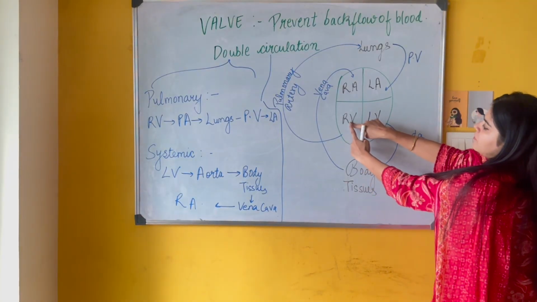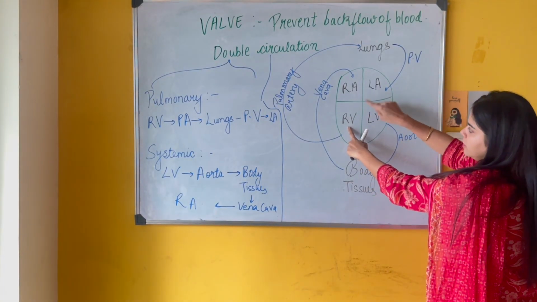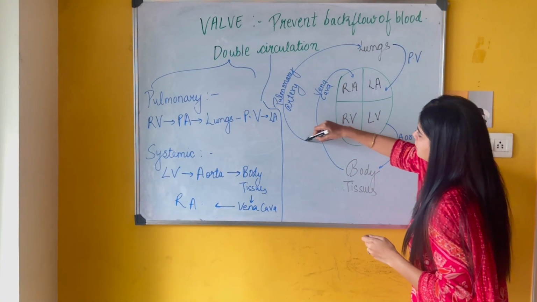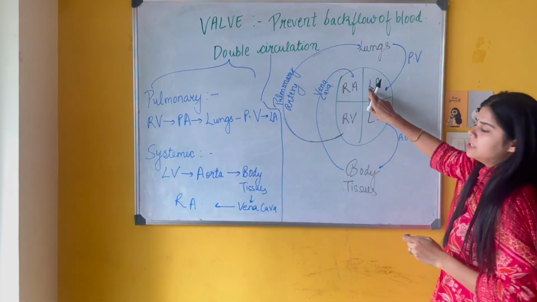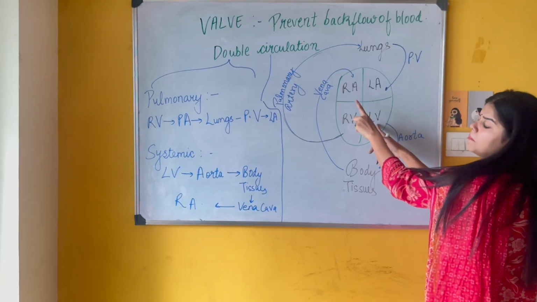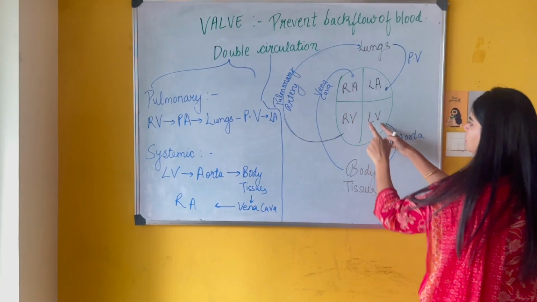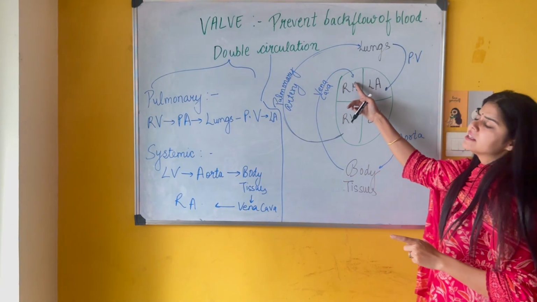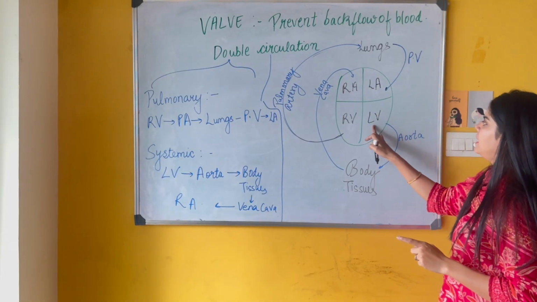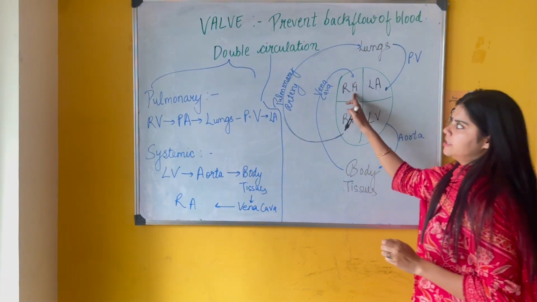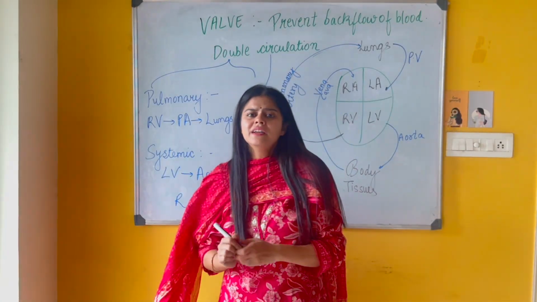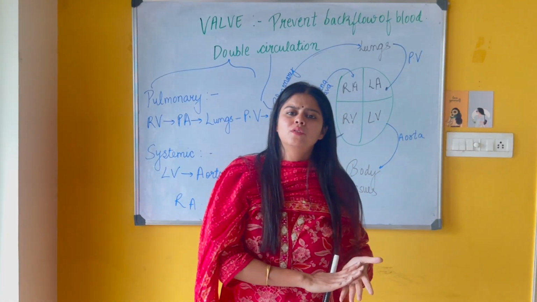This entire pathway from right ventricle to left auricle is pulmonary circulation, and this pathway from left ventricle to right auricle is systemic circulation. Left ventricle, aorta, body tissues, vena cava and right auricle. Is this clear? This was all about double circulation.